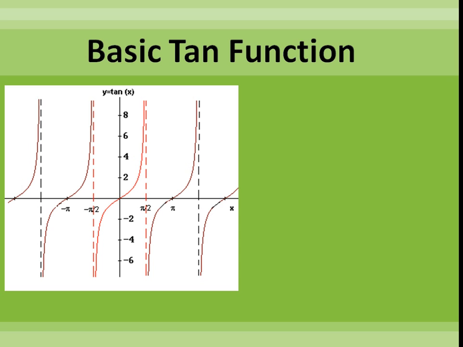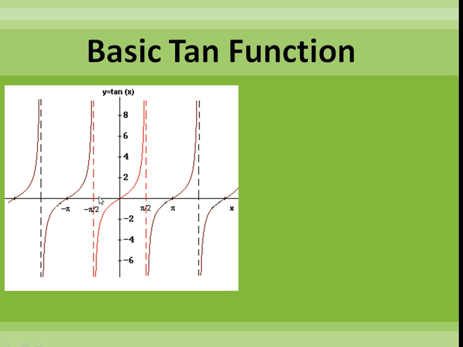Now, how was I able to graph these? Well, all you need to do is start off and look at your remarkable angles. So at a value of 0, you had 0. And then if you were to start looking at pi over 4 and pi over 6 and pi over 3, you would be able to start graphing the values on this side. And the same thing with a negative rotation.